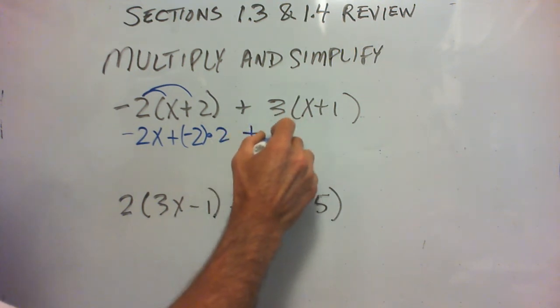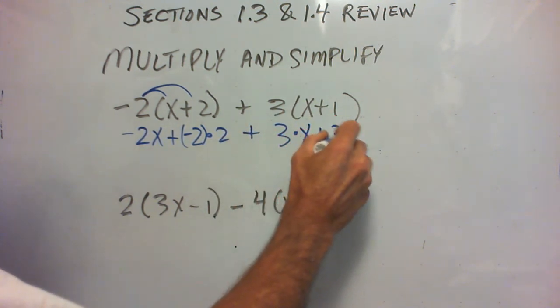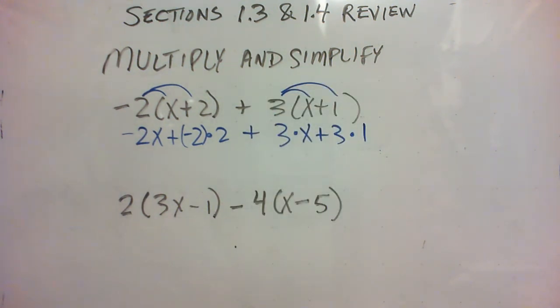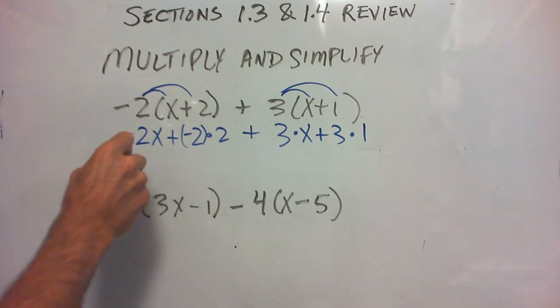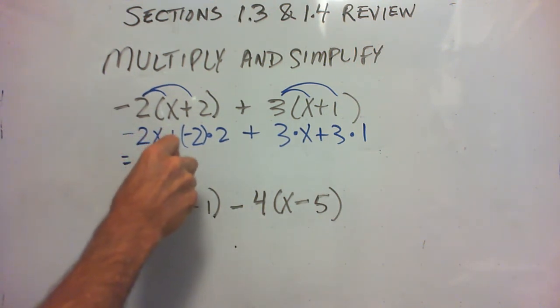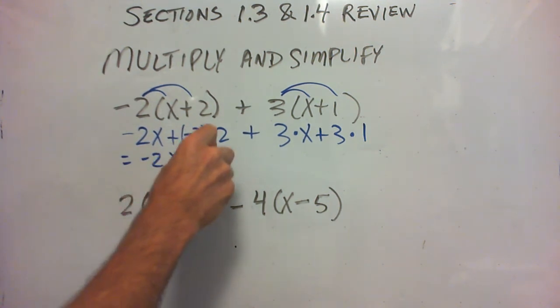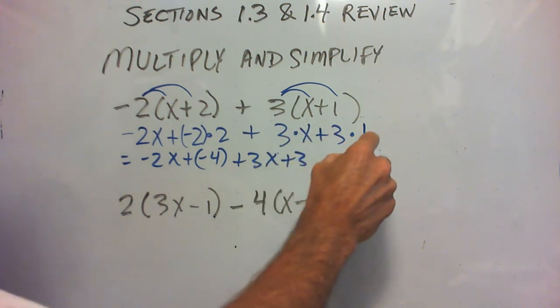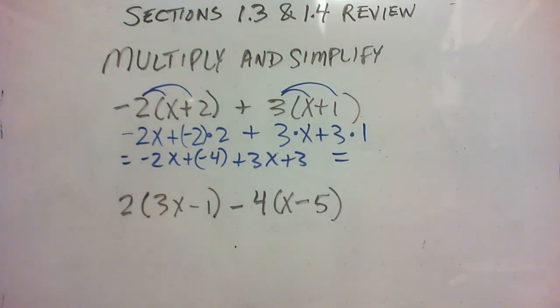And we multiply 3 times x plus 3 times 1. That's the distributive property that we covered in class. So we get negative 2x plus negative 4 plus 3x plus 3. And now we can combine like terms.